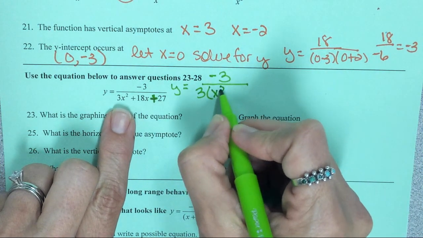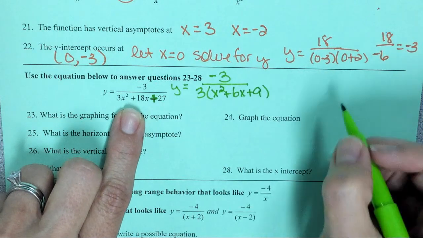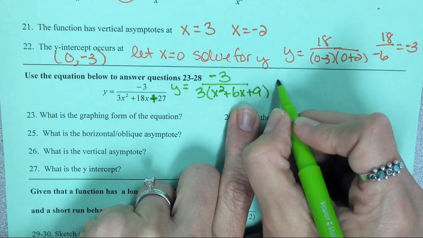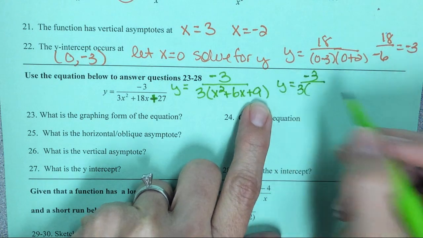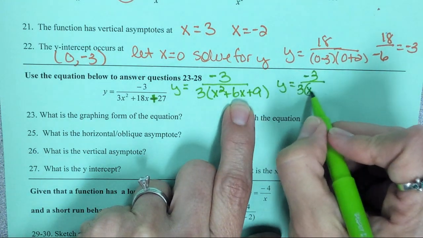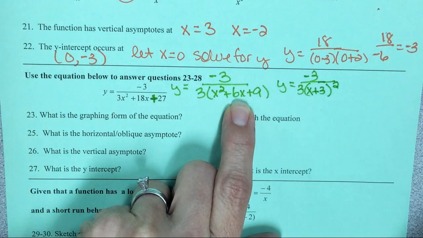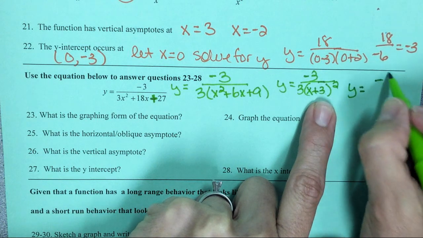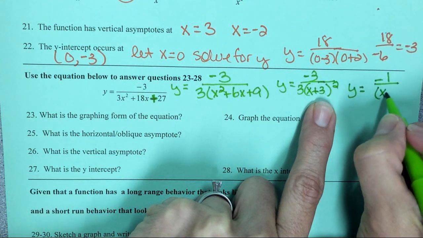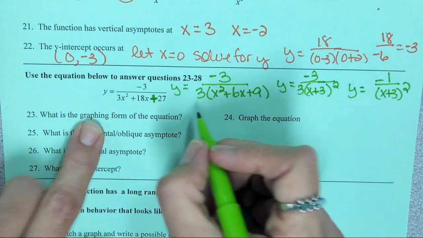I get x squared plus 6x plus 9. This can be factored further. So we have y equals negative 3 over 3. What factors of 9 add up to 6? x plus 3 and x plus 3. So x plus 3 squared. These can be reduced. So if I reduce those, I get negative 1 over x plus 3 squared. So that's my graphing form.